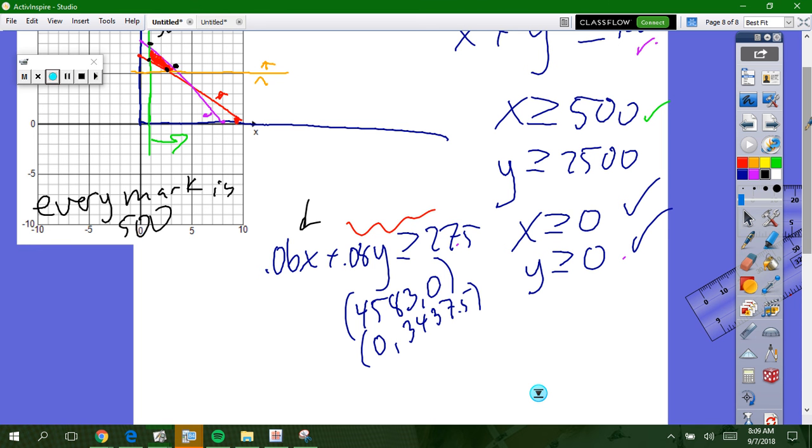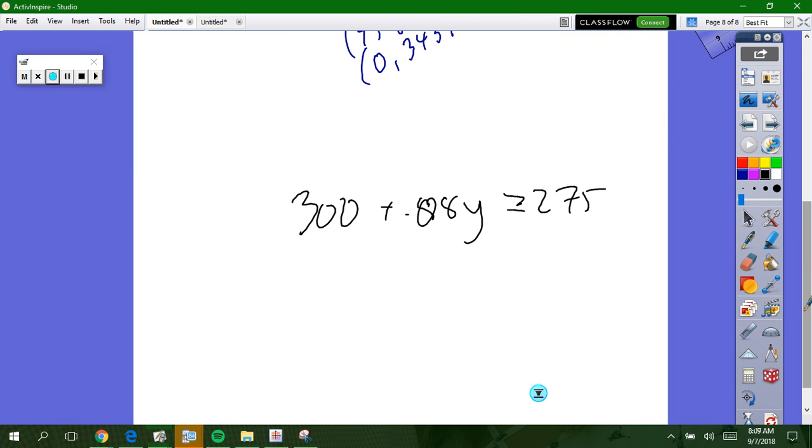Okay, that's what was making me nervous. I'm like, something's wrong. Phew. All right, 30. That makes me feel better. So here we go. We can hurry and solve that now. So I have 0.08y equals 245. We now divide 245 by 0.08.